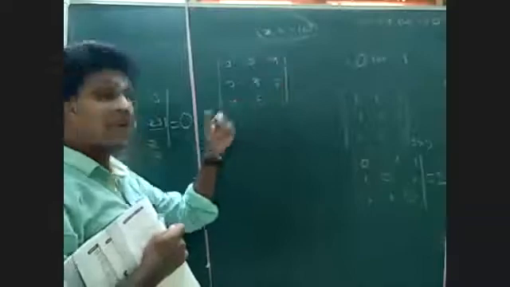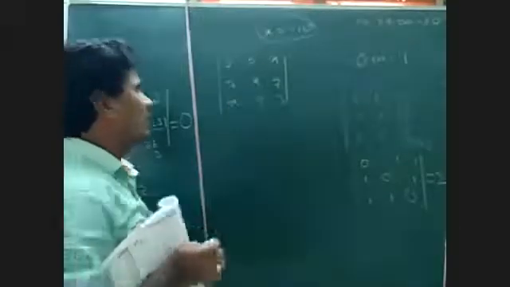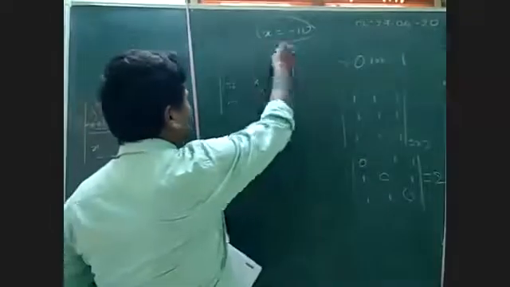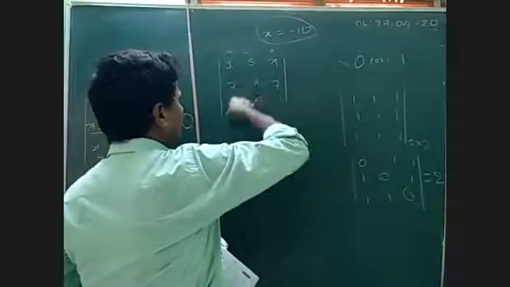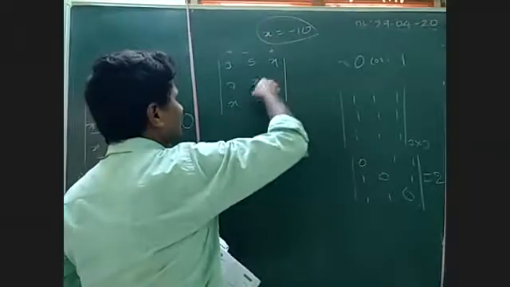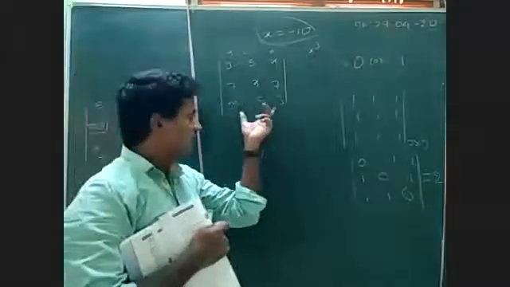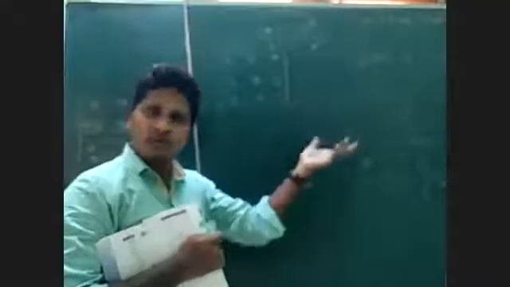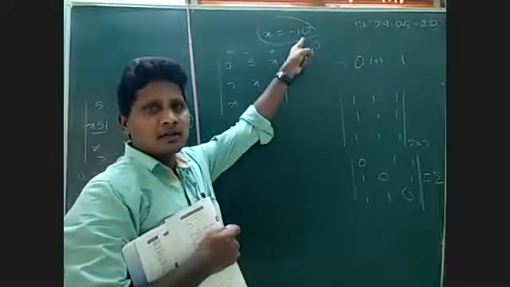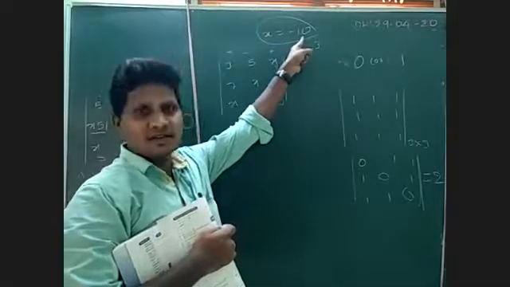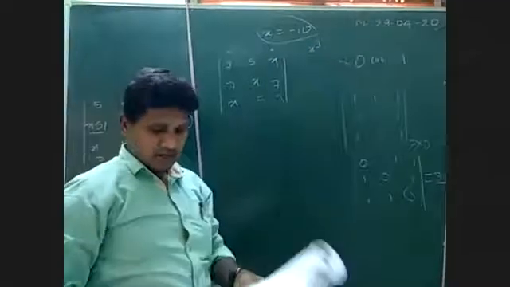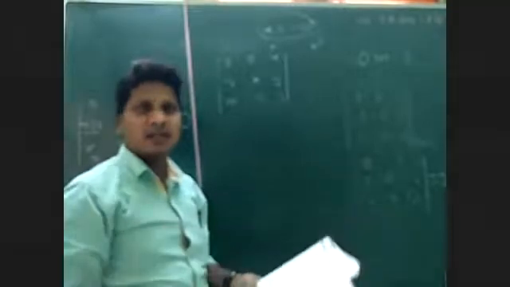If I expand with plus, minus, plus signs, we will get a cubic equation. If we expand this determinant, we'll get a cubic equation, and x will have 3 values. Already one root is given, -10. The question is to find the remaining two roots.